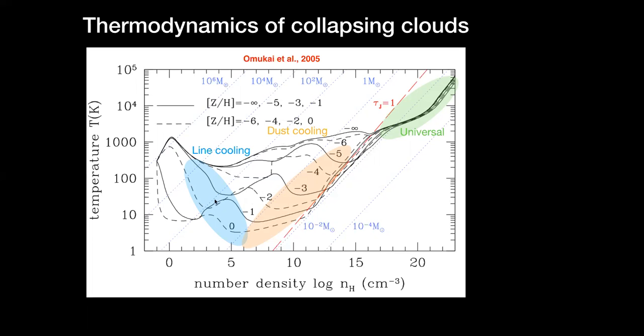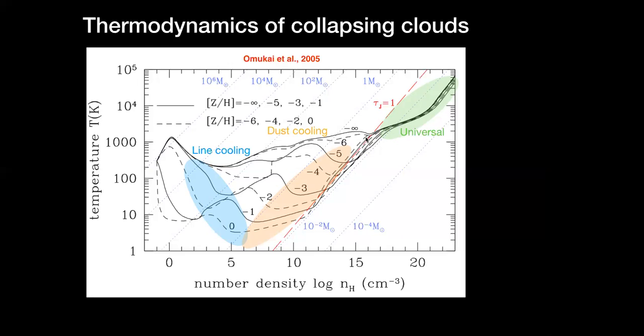But with both the metal line cooling and dust cooling, as the evolution marches forward in time and reaches the adiabatic phase, the evolution is almost universal. I mean, before this red line, you can see that different metallicities follow different evolutionary trends.